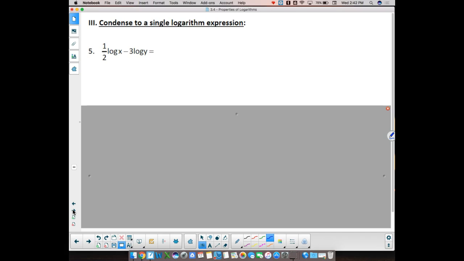So the first thing you would do here is say that this is log of x to the 1/2 power minus log of y cubed. x to the 1/2 power is the square root of x, so this is log of the square root of x divided by y cubed.